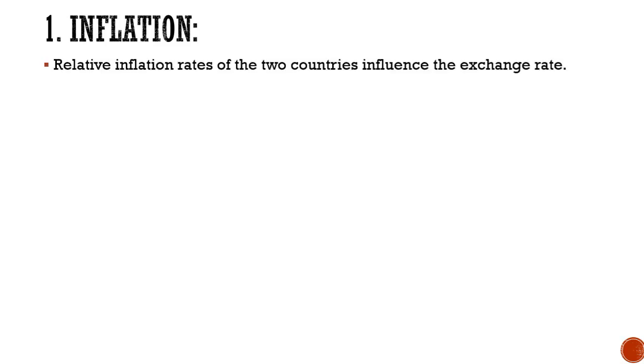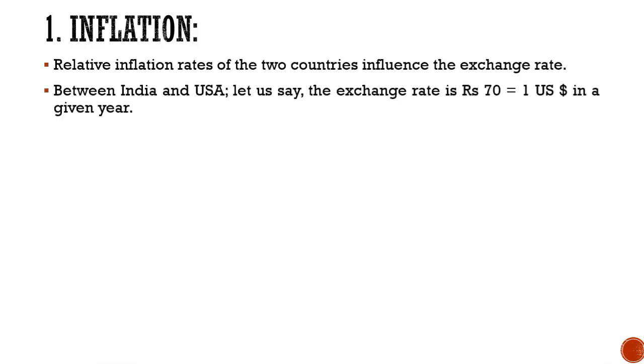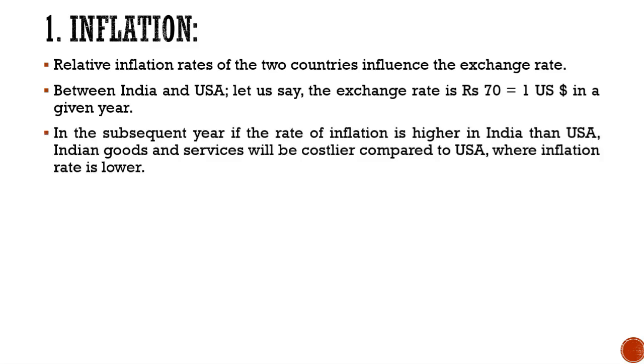Next, the relative inflation rates of the two countries influence the exchange rate. Between India and the US, let's say the exchange rate is rupees 70 equal to 1 US dollar in a given year. So we are taking an example whereby the rate of exchange is $1 equal to rupees 70.